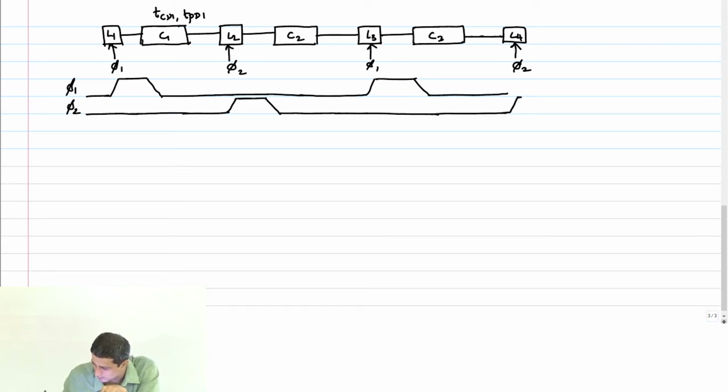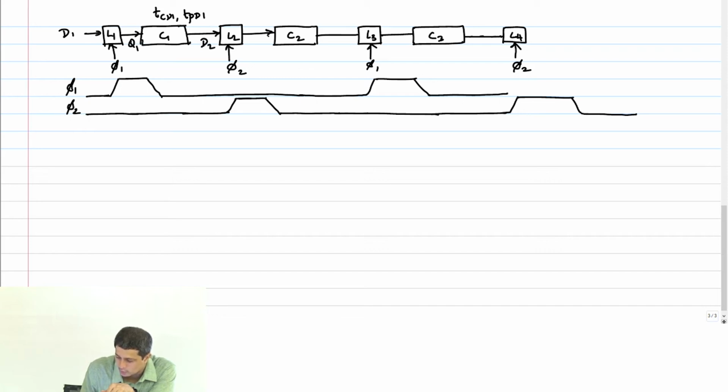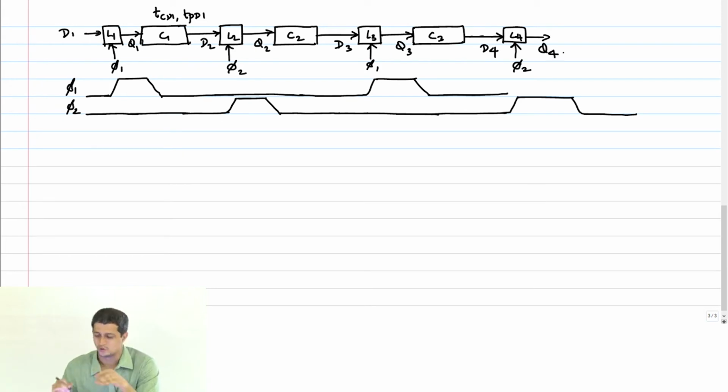Okay. So now let's look at D1, Q1, D2, Q2, D3 and Q3 and D4 and Q4. I don't think we'll need D4, Q4 and all that, but let's just look at this.